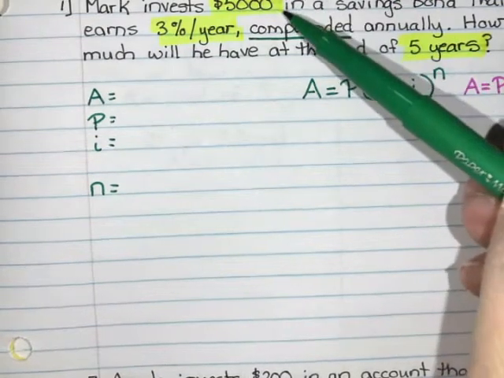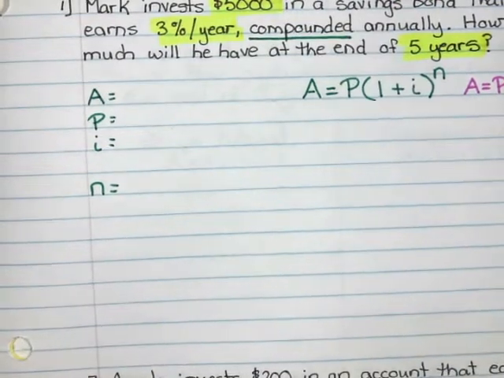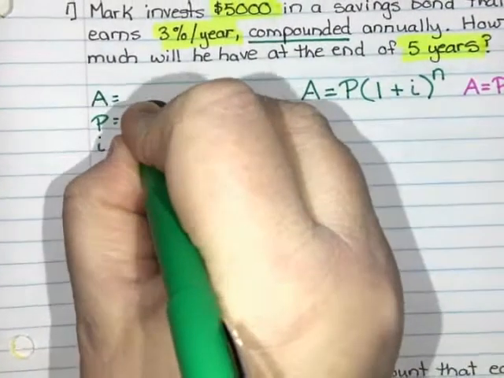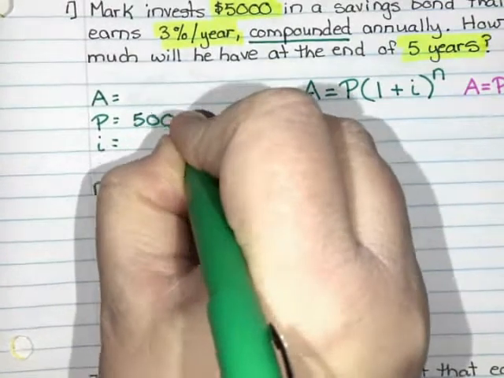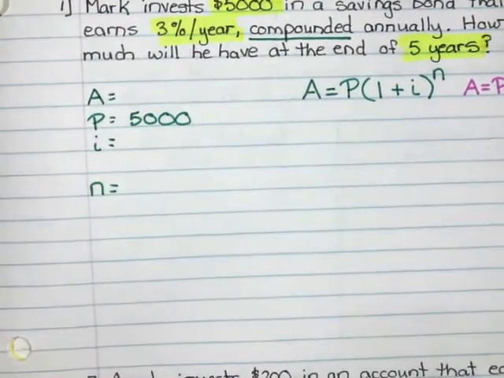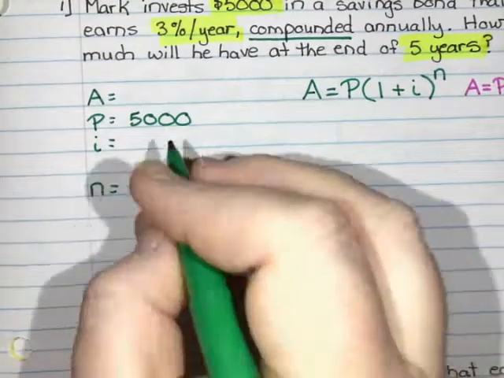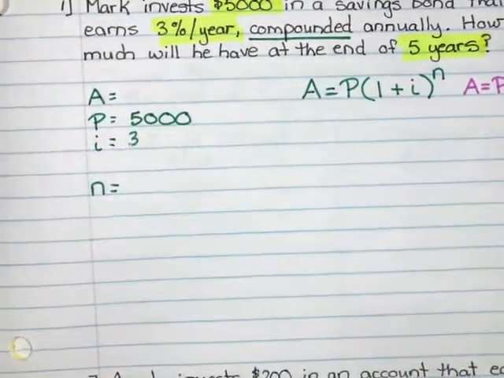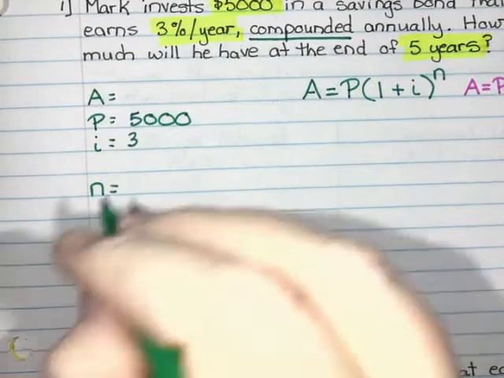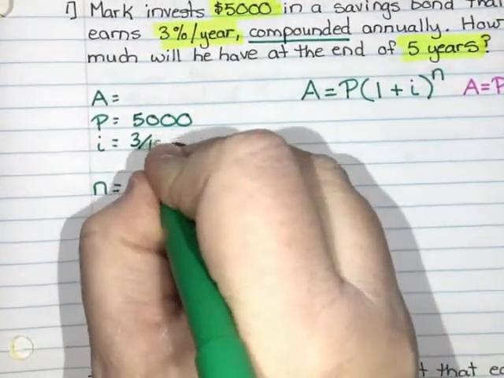So Mark invests $5,000. That is his starting amount. That is P, his principal. Okay, he's getting 3% per year. So the interest rate is 3%, but I cannot put it in as a percent when I'm calculating, so we have to divide by 100. That's what percent means.